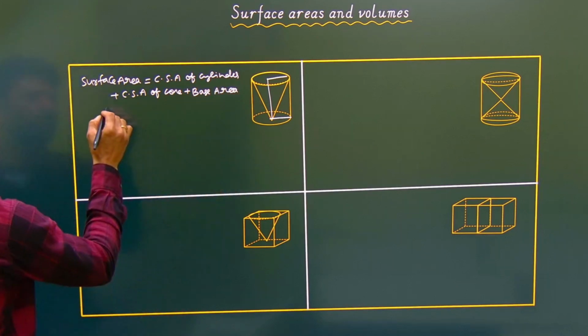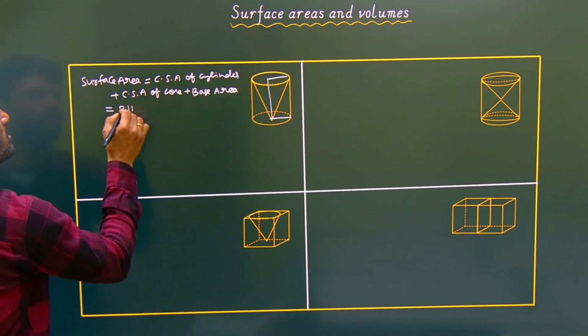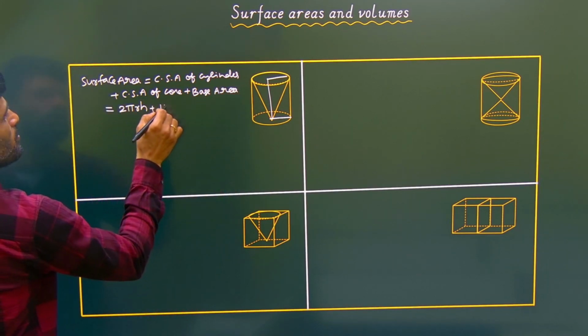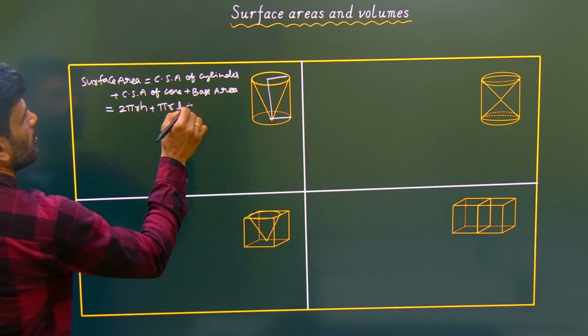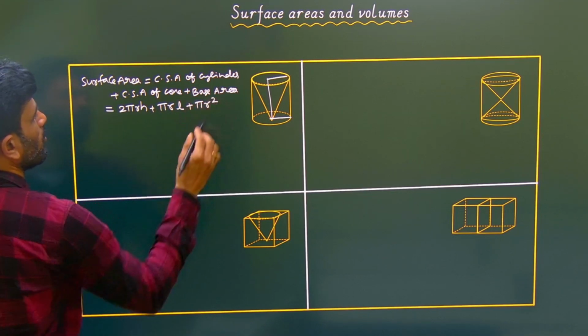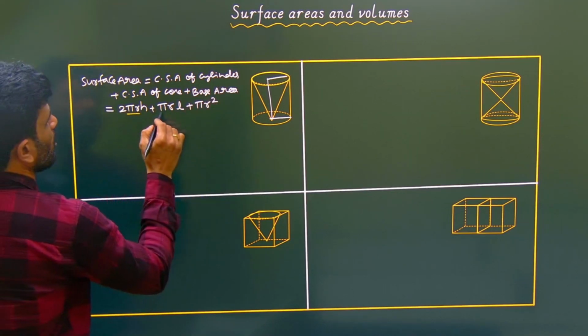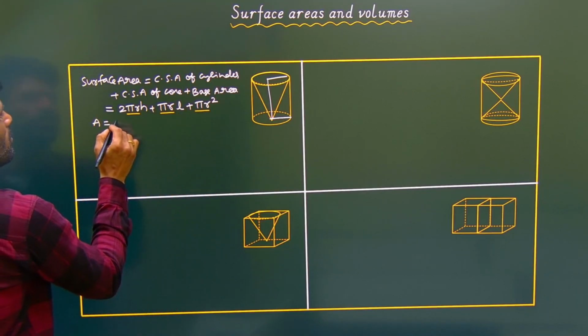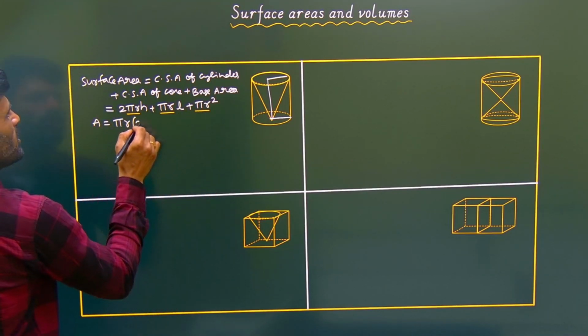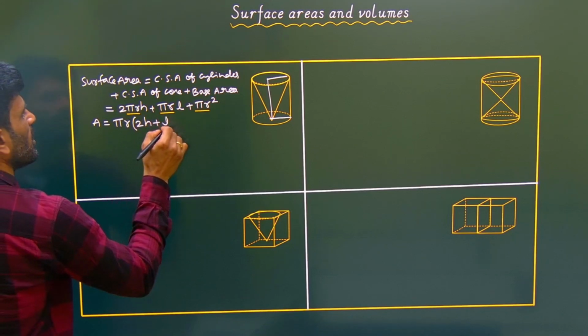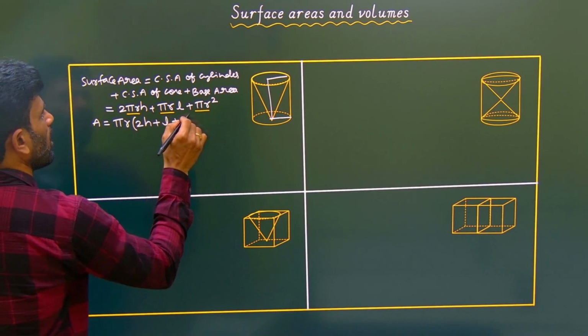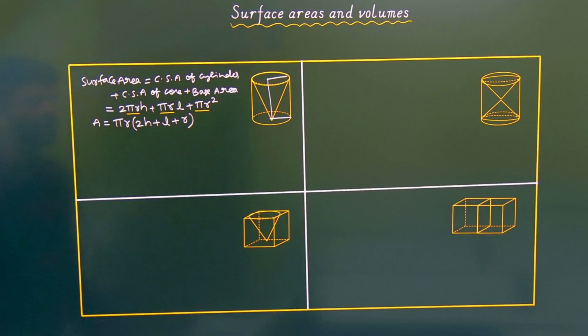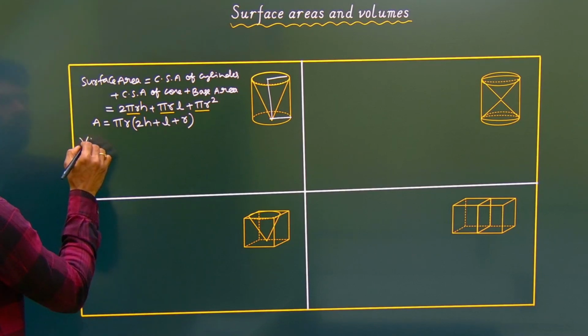So in that case, 2 pi r h plus pi r l plus pi r square. What is common everywhere? Pi r is common, so you take pi r common: pi r into 2h plus l plus r. This is the area.